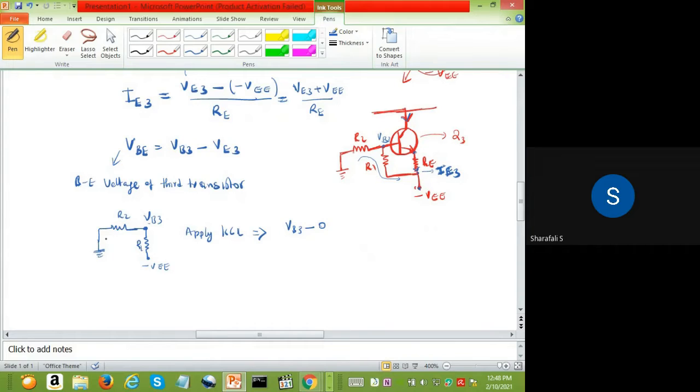Divided by R2 will be the current flowing through this resistor. Then consider this resistor. I have to add plus VB3 minus VE divided by R1. So this should be equal to 0.